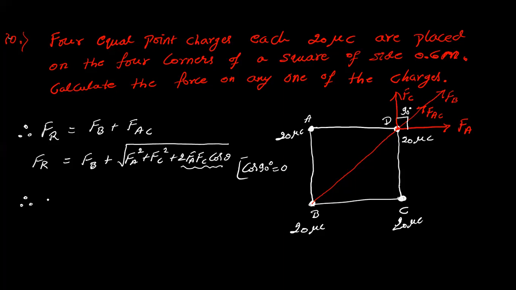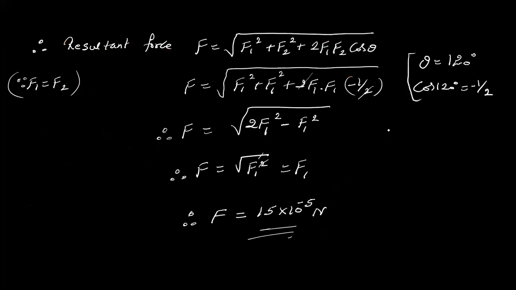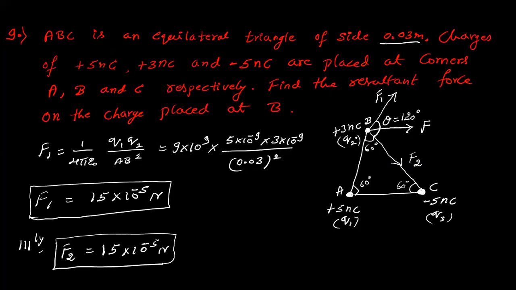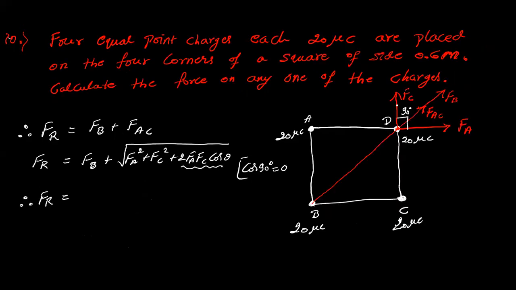Therefore, FR is equal to, and observe the FA and FC values. Since the magnitudes are the same, whatever value FA has, the same value comes for FC. The forces along AD and along CD are equal.